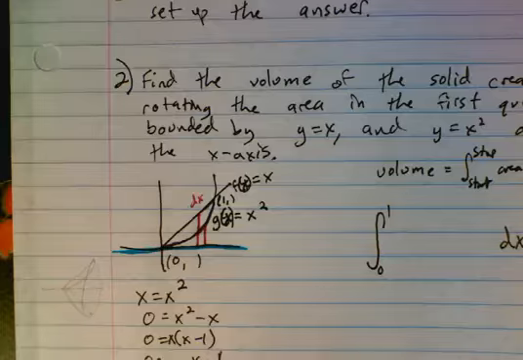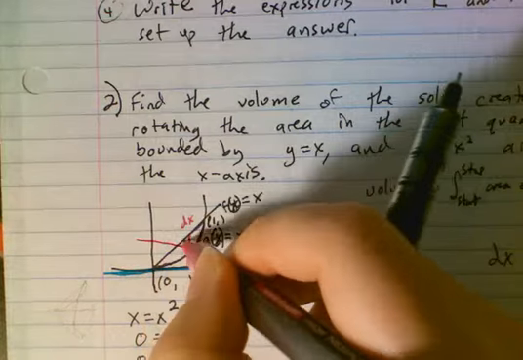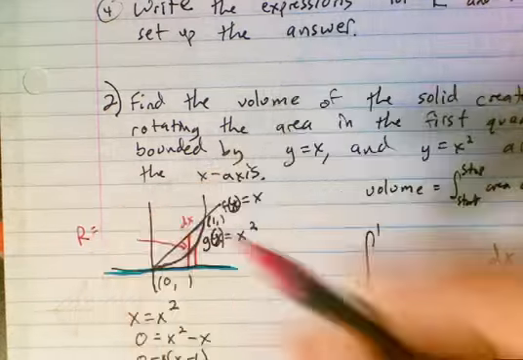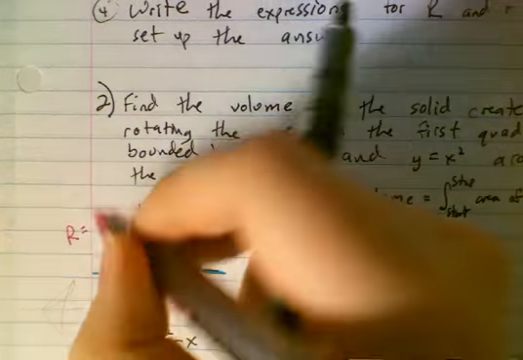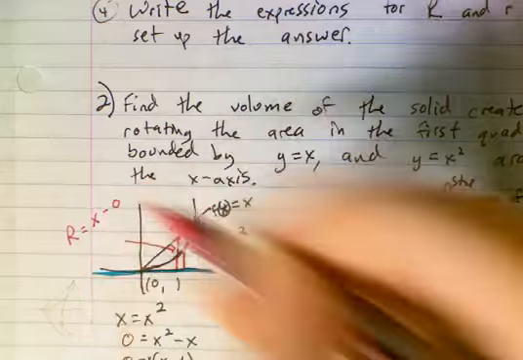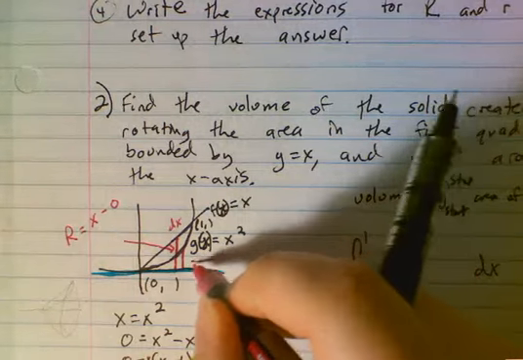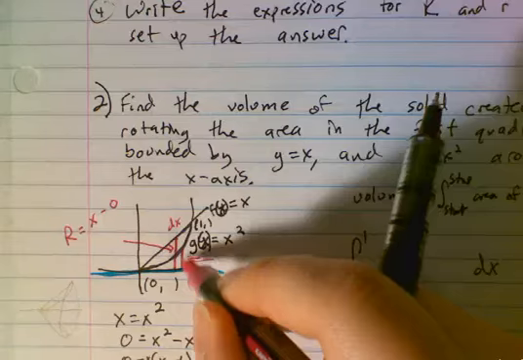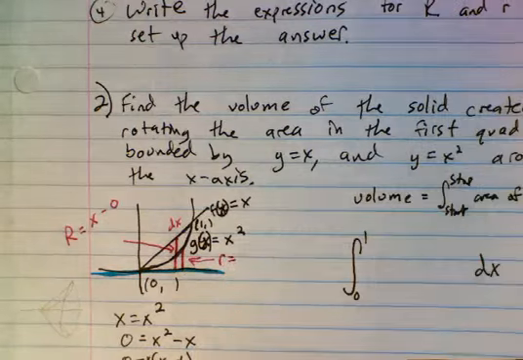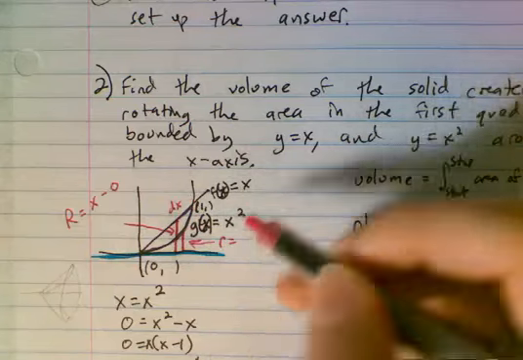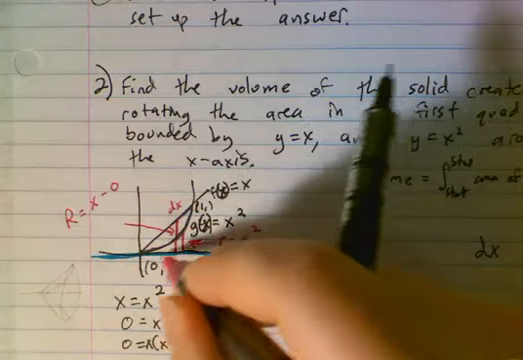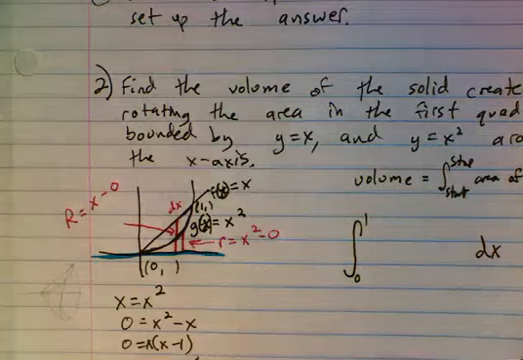At any rate, our big R right here is going to be this top function, which is x minus the x-axis, which is 0. And this little r is going to be this function right here, which we see as g of x equals x squared minus the axis, which is 0.